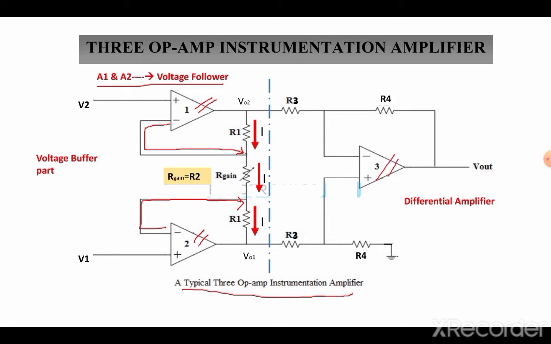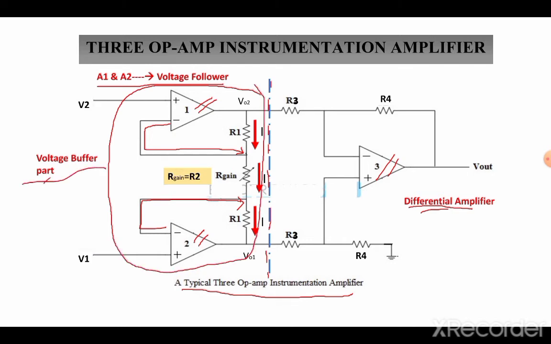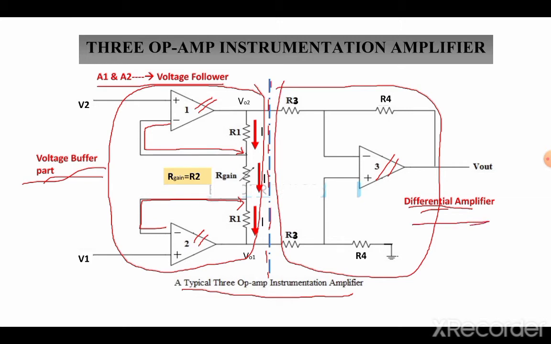The op-amp 3, A3, is the differential amplifier op-amp. As seen from this circuitry, this is the partition line, and the left portion of the circuitry is known as the voltage buffer circuit, and similarly the right-hand portion of the circuit is termed as the differential amplifier circuit.